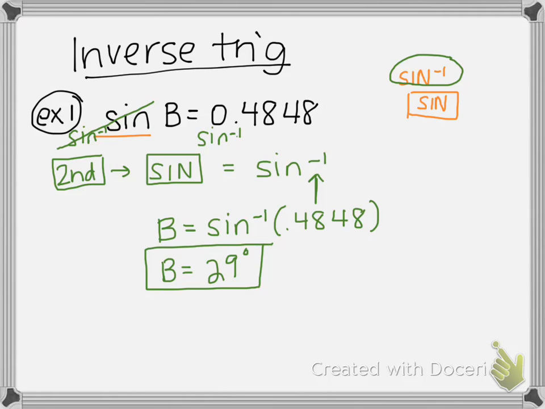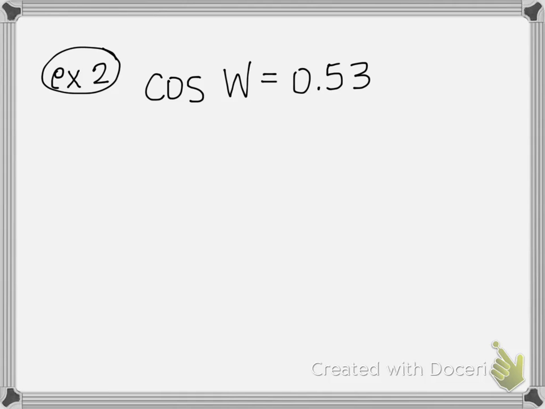So, for the next example, say cosine of W is 0.5317. Well, our function we're using is cosine, so we're going to use cosine inverse of both sides. When I write it down below, that just means that I'm doing it to both sides.